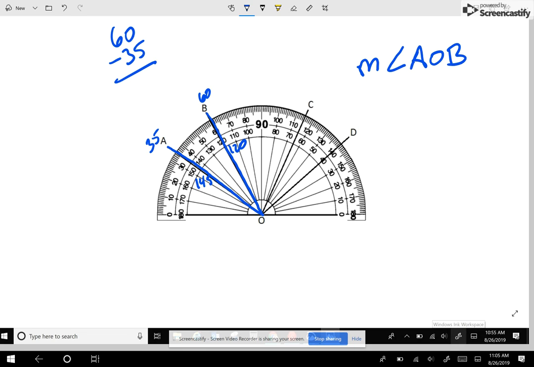If I use the inside numbers only, I'm gonna go 145 minus 120. Inside numbers only. Either way, your measurement will end up being 25 degrees. But don't mix and match. So make sure you use outside numbers only or inside numbers only.